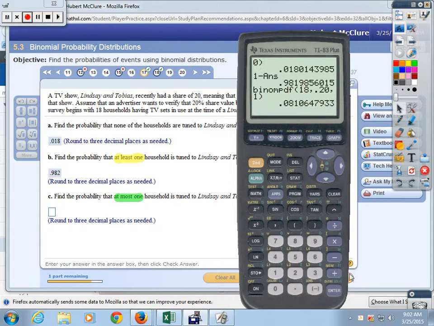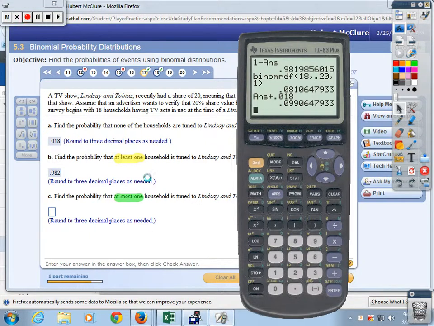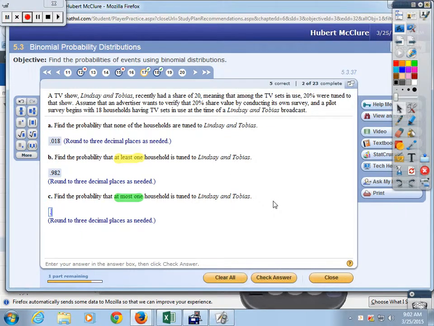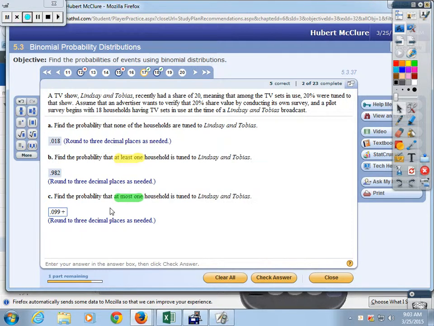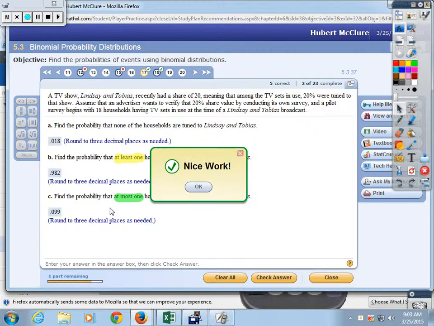That's 0.081, and I'm going to add 0.018. Dang old transposing numbers. And that's equal to 0.099. So we put our cursor in there, 0.099, and we put a plus in there.